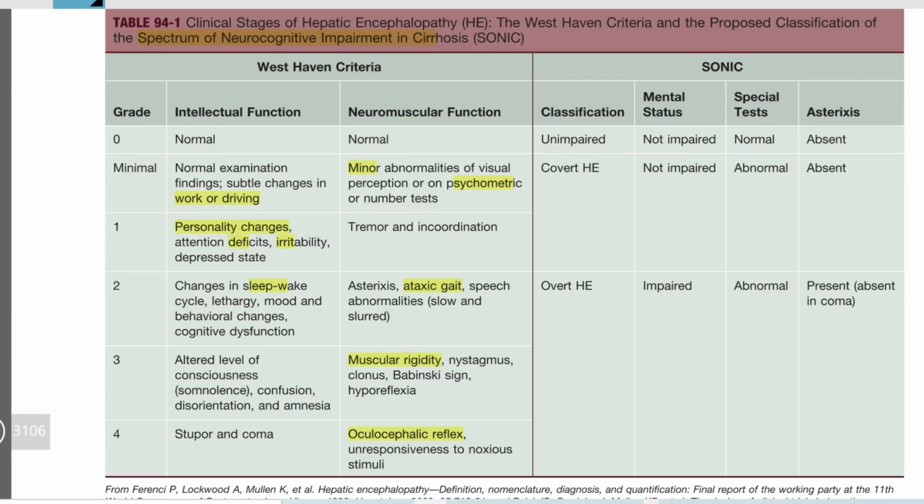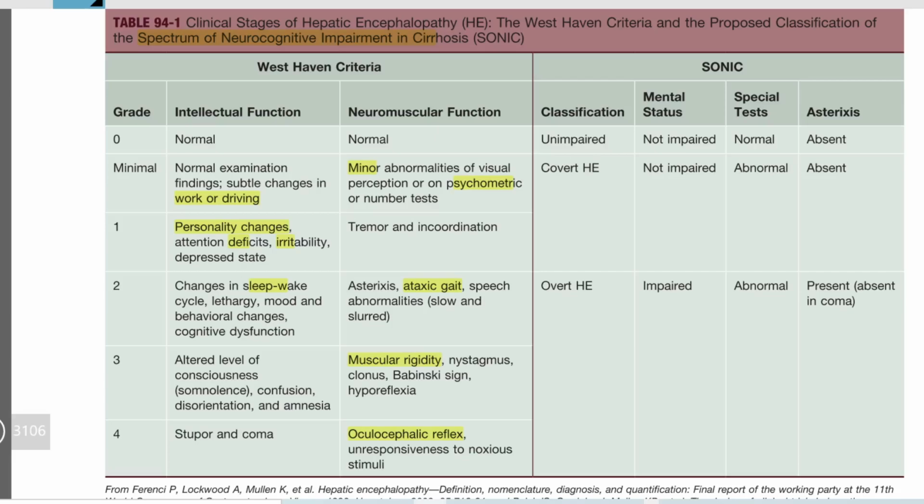It has only three categories: unimpaired, covert, and overt. From grade 2 in the West Haven criteria, the SONIC comparison is overt HE. There are no subdivisions in overt HE, so it is a very broadly defined term.